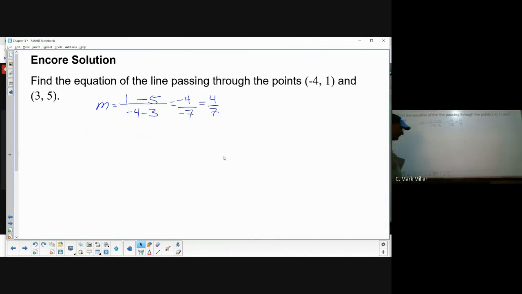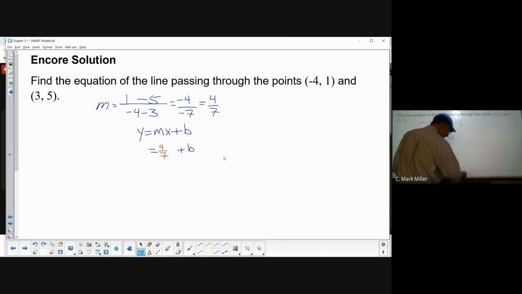We're going to do it a different way. Instead of using the point-slope formula, we're going to use y equals mx plus b. We have the slope right here. Here's m, so we're going to plug in m as 4/7. We don't know b, but we have x and y.